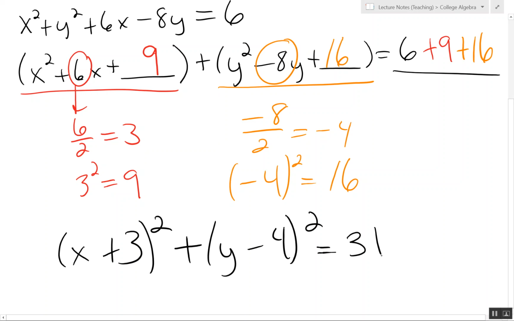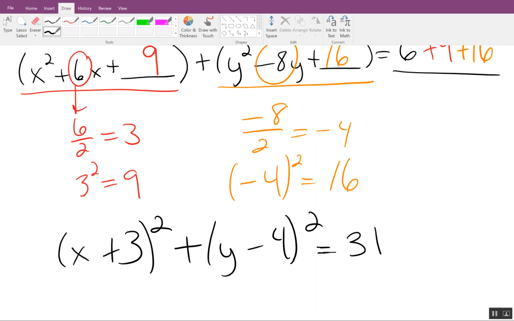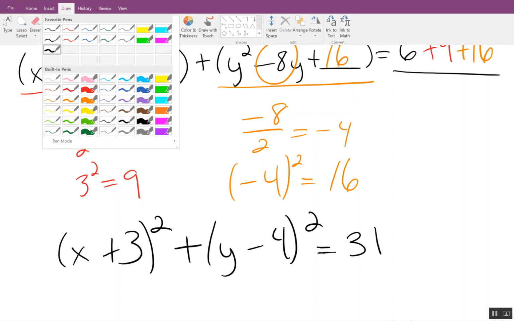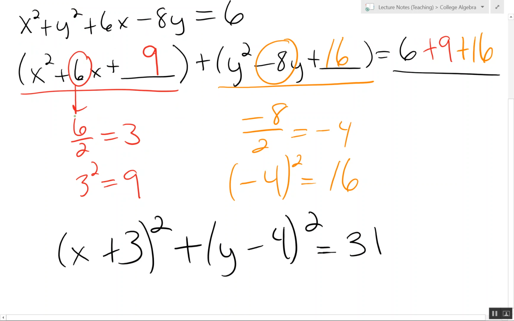And so, one thing I do want to point out, and this is not coincidence, this always happens. Notice that when I took this 6 and divided by 2, I got a 3. Well, look what showed up in the factorization. It's an x plus 3.